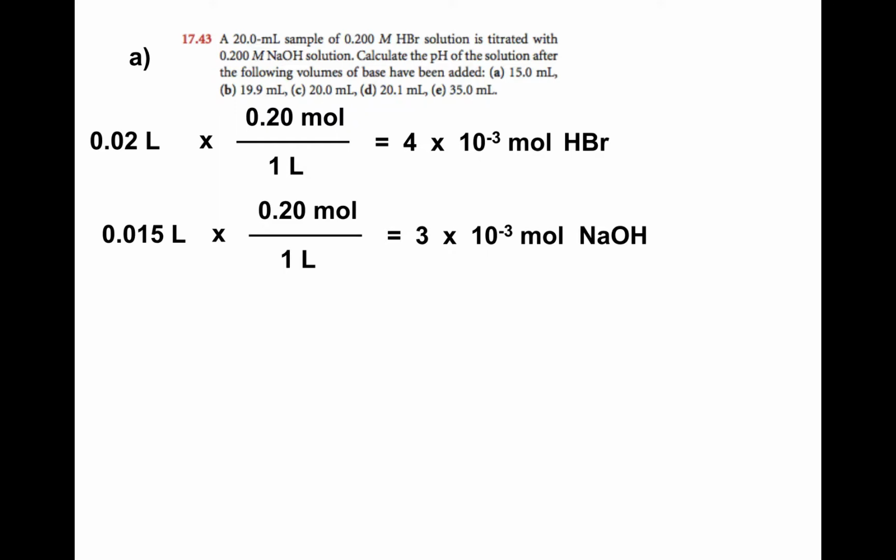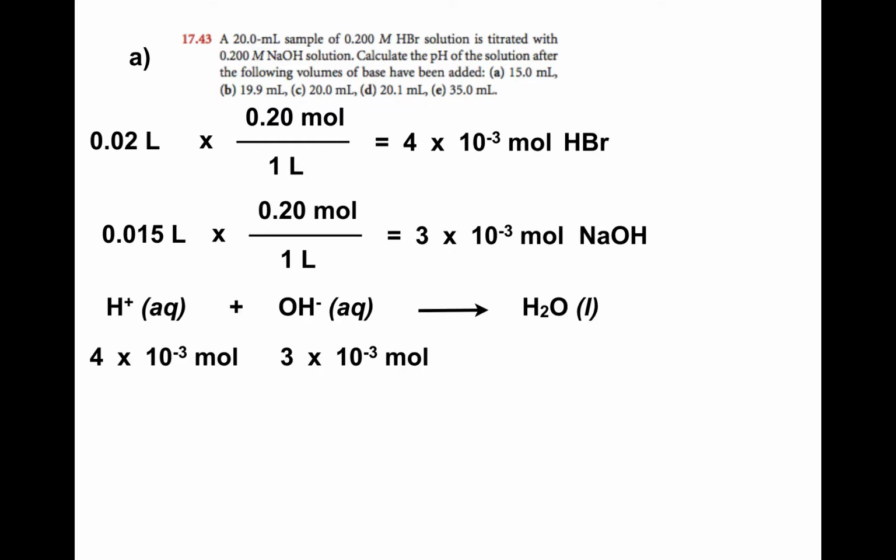This is an acid-base neutralization reaction. It goes to completion, so bromide ion and sodium ion are spectators here. Moles of H plus and moles of hydroxide make water, so this goes all the way forward. In this case, the limiting reactant is going to be the hydroxide, and you're going to burn up all the hydroxide and be left with H plus ion.